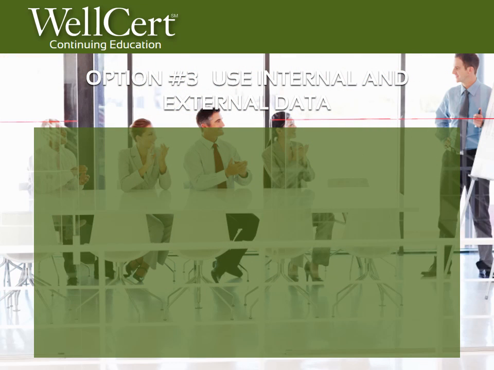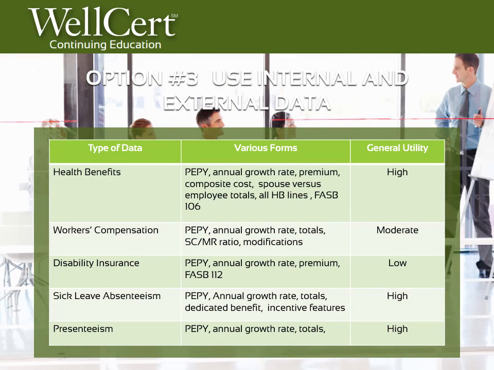Now, option number 3, using internal and external data. Here are the various forms of issues and their general utility to this option 3 business case strategy, listed in the right-hand column. Now, the PEPY stands for per employee per year, the annual growth rates. We also have all health benefit lines and types of coverage. And then FASB is Financial Accounting Standards Board's 106.